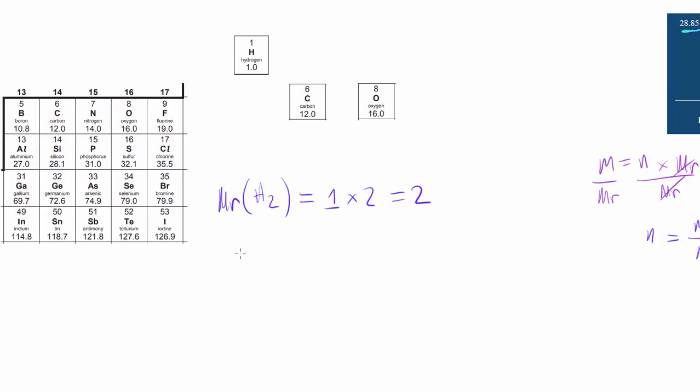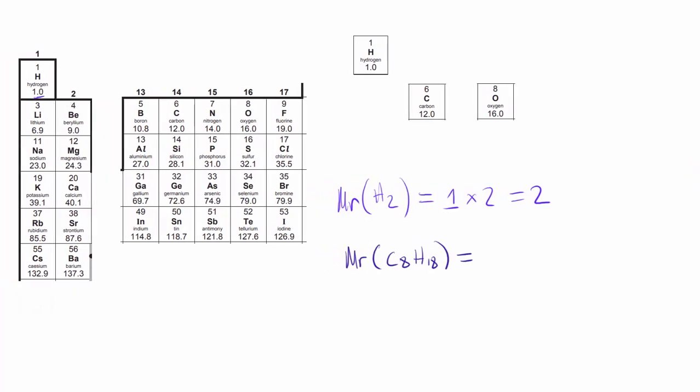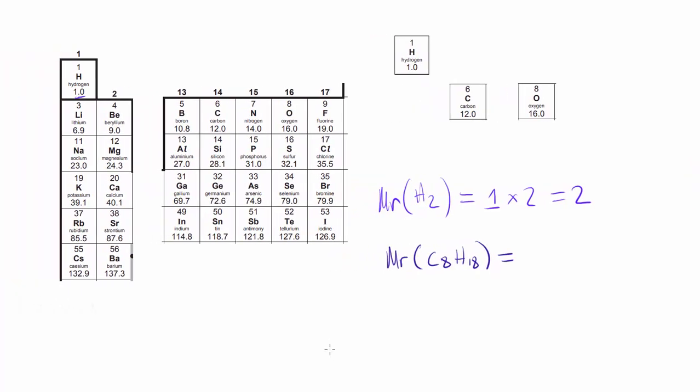So let's go through that process. We're looking for the molar mass, so Mr of C₈H₁₈. The relative atomic mass of carbon here is 12, and for hydrogen, as we discussed, is 1.